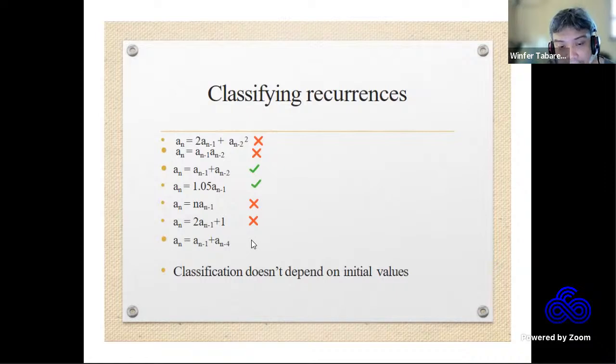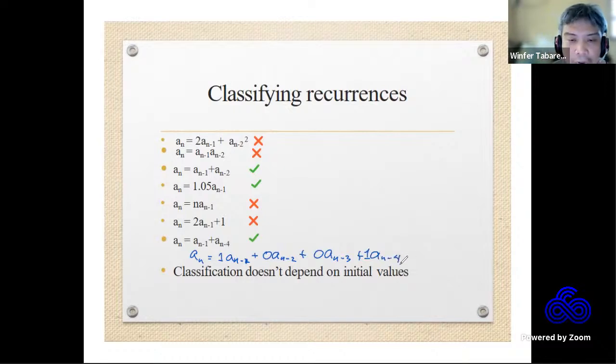The last one is a homogeneous linear recurrence relation because on the right hand side we only have expressions from the previous terms. Of course, we note that the last one can actually be written as a sub n is equal to 1 times a sub n minus 1, plus 0 times a sub n minus 2, plus 0 times a sub n minus 3, plus 1 times a sub n minus 4.